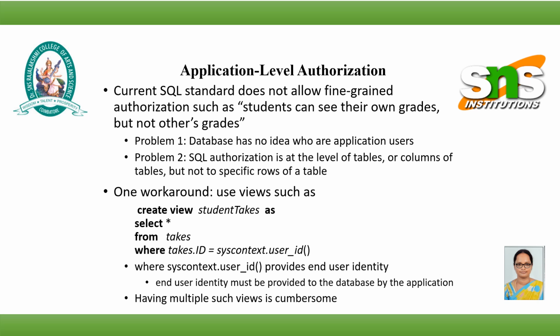The database has no idea who the application user is. SQL authorization works at the level of tables or columns of a table, but not specific rows of a table. One workaround is to use a view, such as create view studentTakes as select * from takes where takes.id equals sys_context user ID. From this, the particular student's information will be displayed.